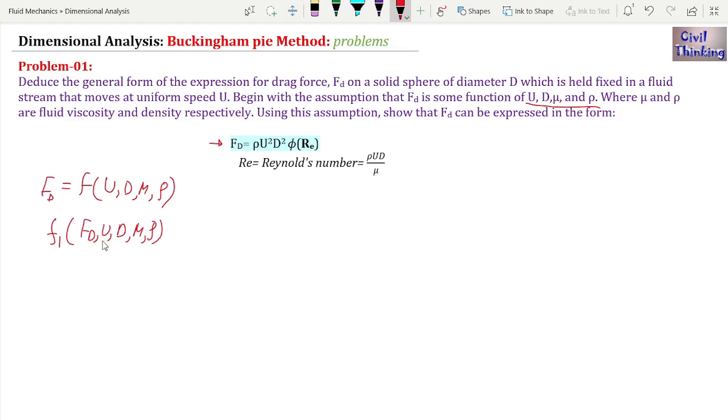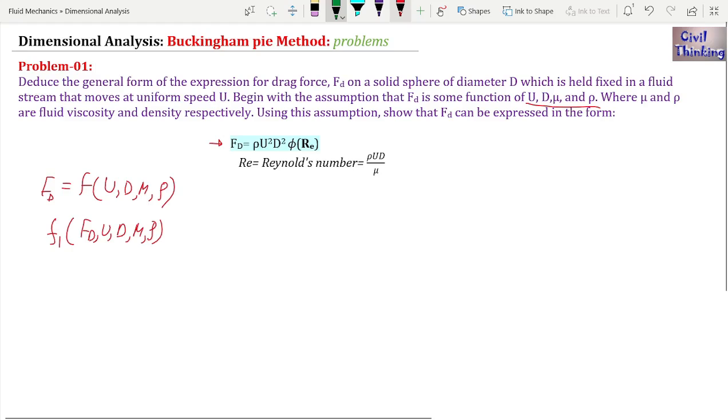It is 1, 2, 3, 4, 5. Although we could have used the Rayleigh method, I will be using Buckingham's method. So the number of variables is 5. Now this function is equal to 0.